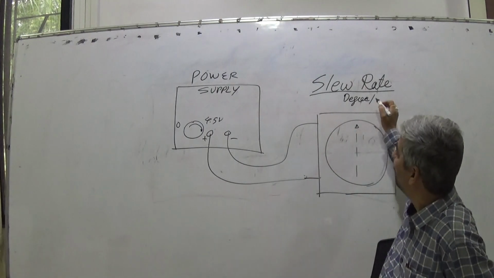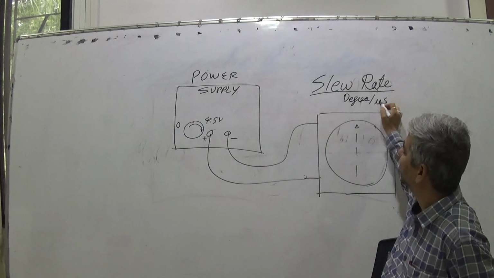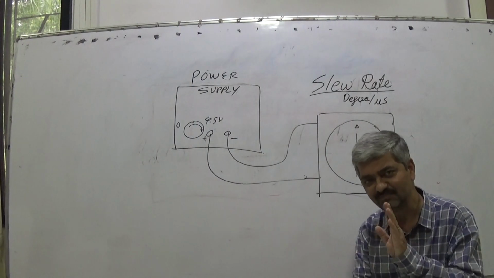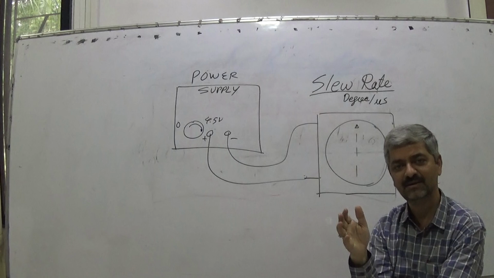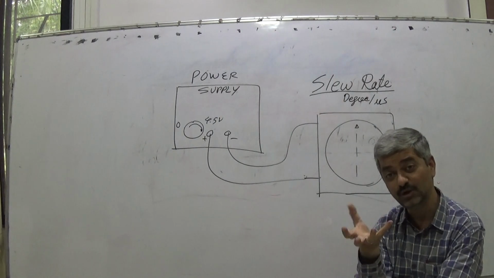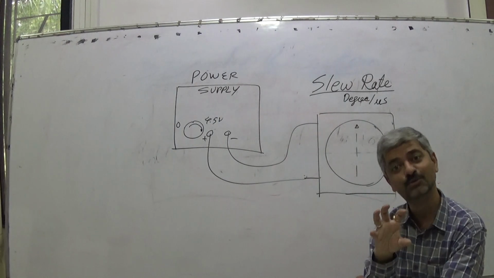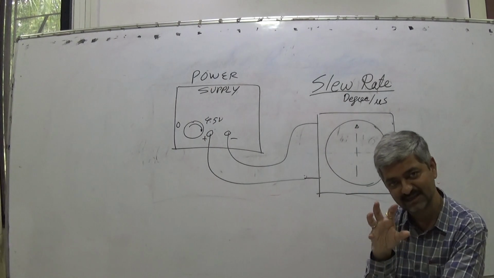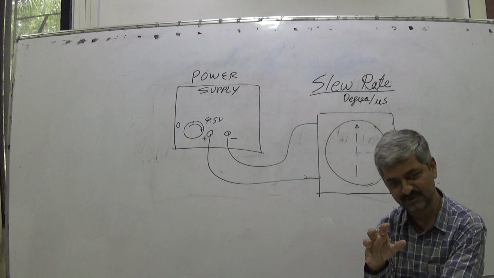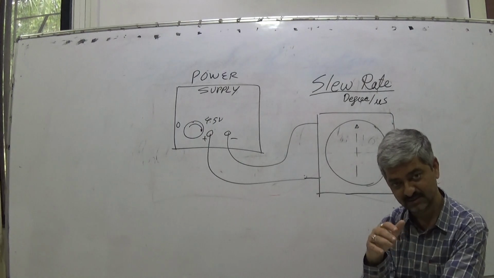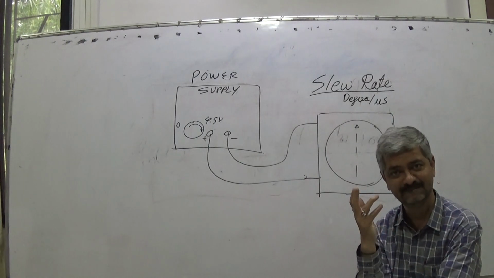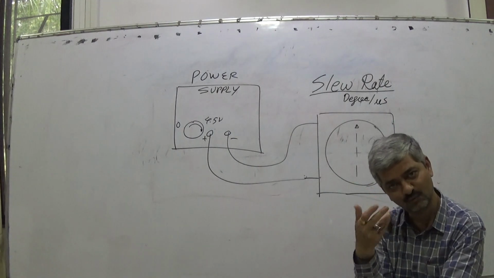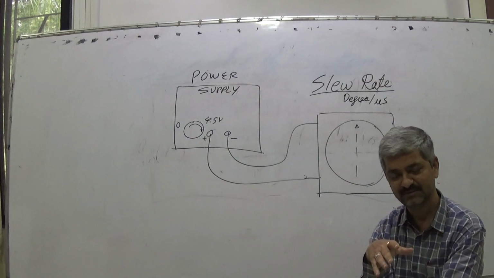I can say microsecond. There may be good quality voltmeters and poor voltmeters. A good quality voltmeter will have this rate high, so it can deflect at 10 degrees per microsecond, whereas some can deflect only at 1 degree per microsecond.